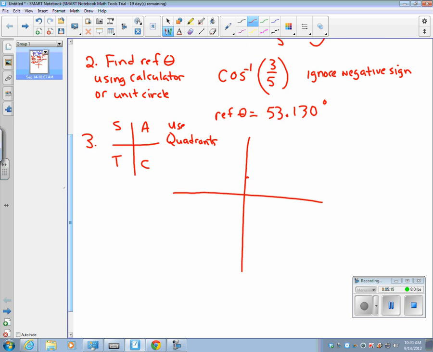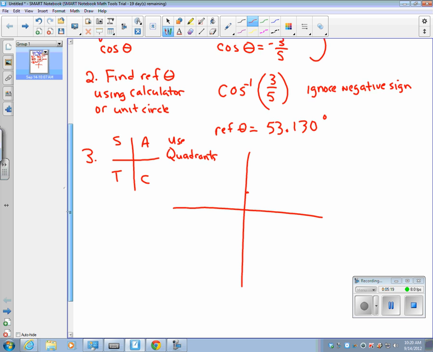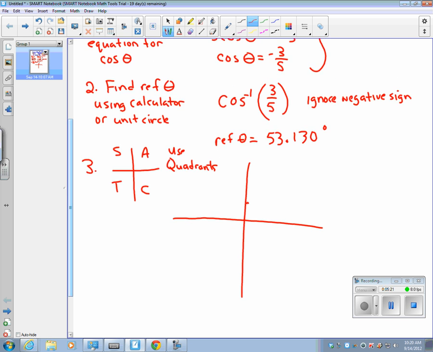When we draw these, where do we draw them? Well, we have to go back here and say, we have to draw them where cos is negative, because this says the cos of this angle produces a negative value, right? So we need to draw where cos is negative. So where is cos negative? 2 and 3. So that's why we have to draw them there, right? Do you get that?